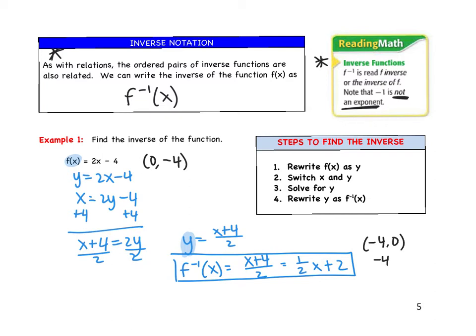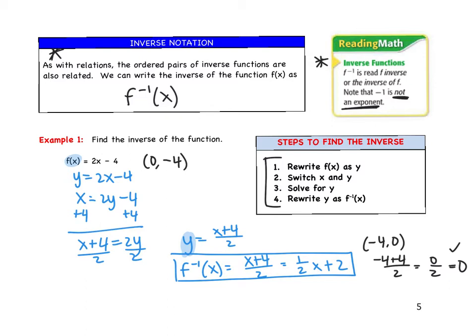If we do negative 4 plus 4 over 2, we get 0 over 2, which is 0. You don't need to check that every time, but that was to show us these are in fact inverses. That was just an example of one pair, but that's the idea. So these are the steps you're going to follow every time.